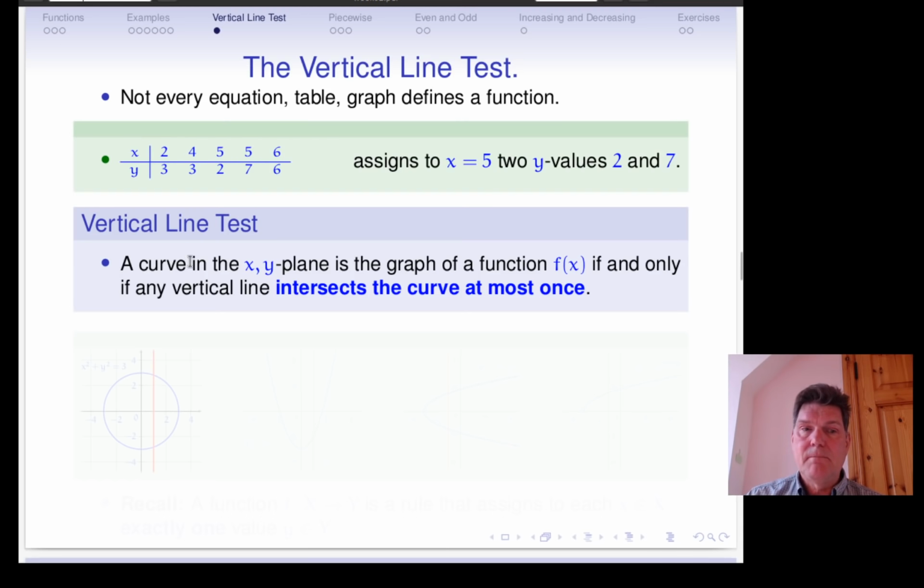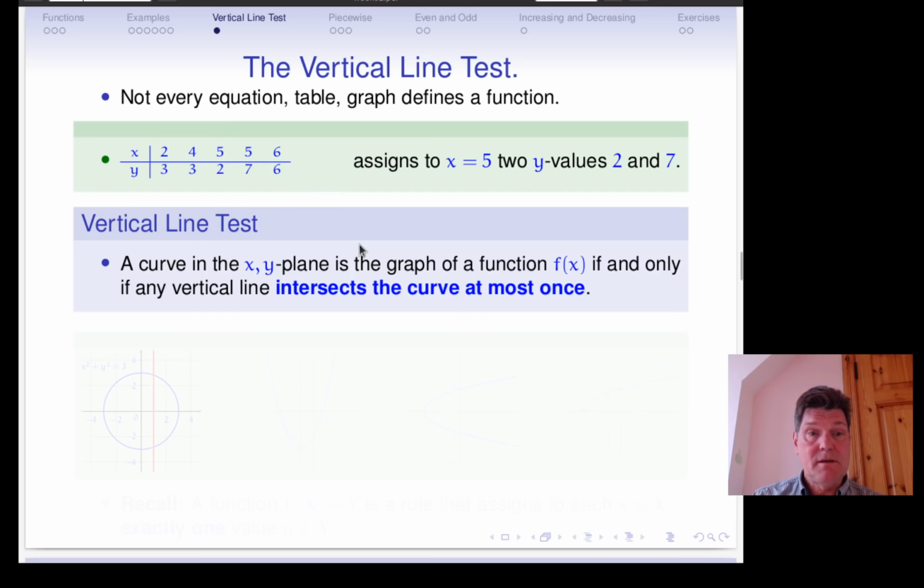And that's the geometric formulation of what we saw is violated in the table up here. The vertical line through x equal to 5 in this table, so to speak, intersects the curve at the y value 2 and at the y value 7.